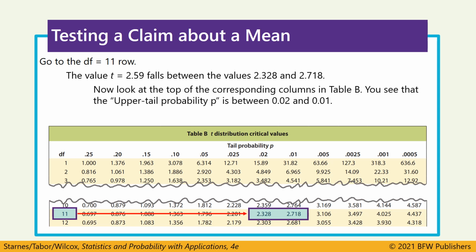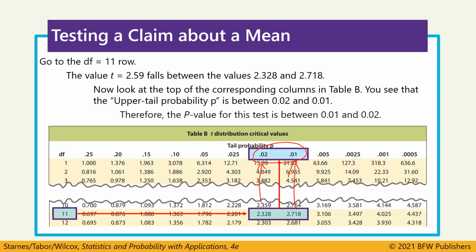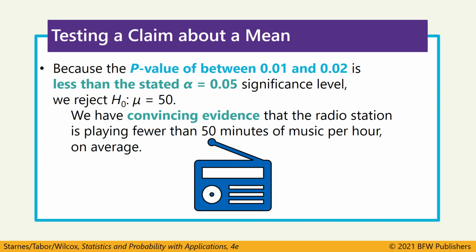So when it comes to finding a p-value for this problem, we're looking up at the top, and we're giving a range of values. So we don't know what the p-value is exactly, but we know it's somewhere in between 1% and 2%. And that's enough information for us to make a conclusion about this test.